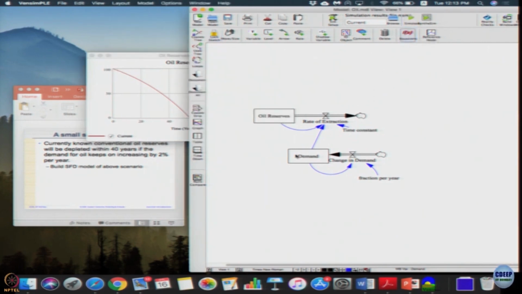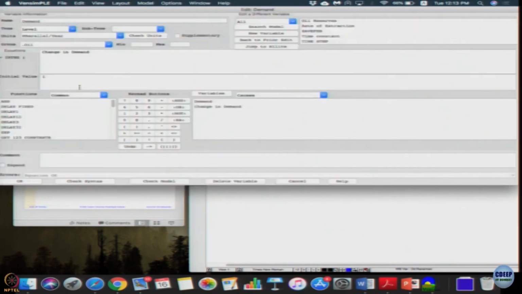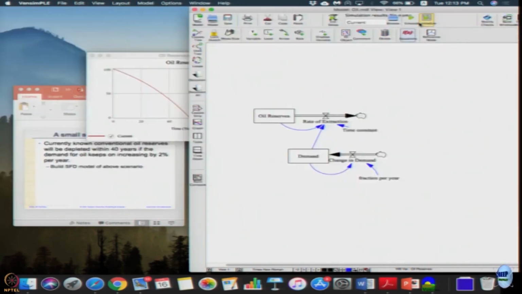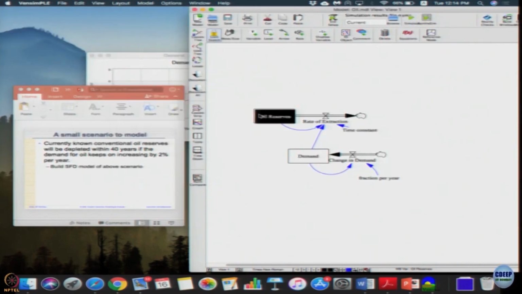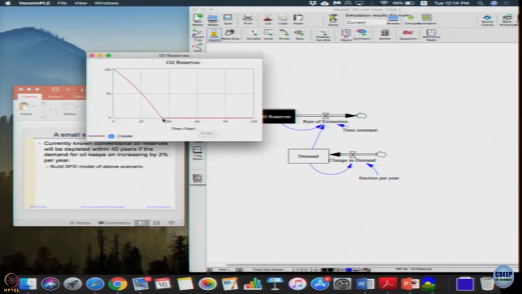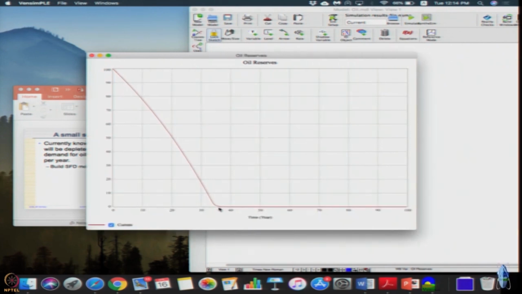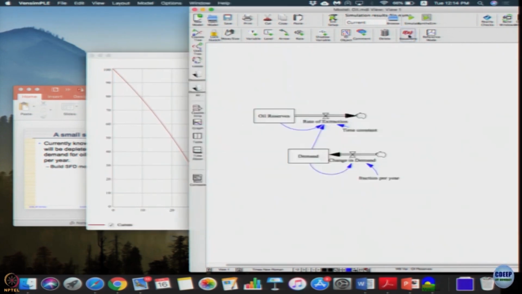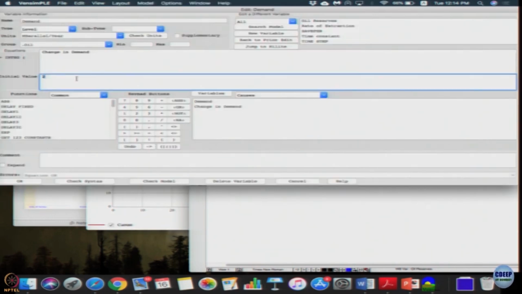To do that, let me just change the initial value of the demand. Let us assume the initial value is starting at 2, let us say, then oil reserve ends in less than 40 years, your oil reserve depletes. Okay. So that means my initial value should be between 1 and 2. So let us try 1.5.